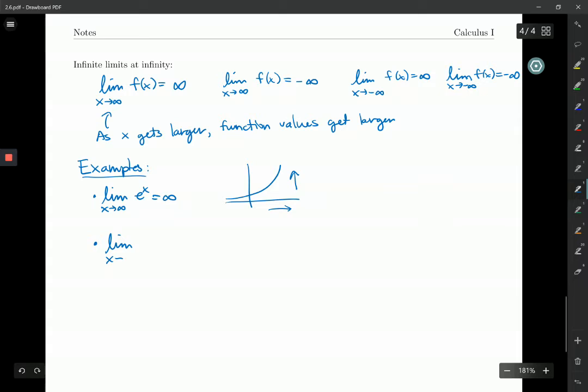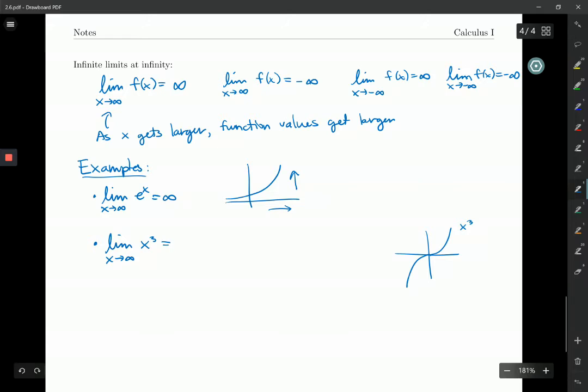And then we get a similar thing if we look at the cubic function. In this case, I'm going to leave some room. So our graph looks like this. This is x cubed. We can see that the same thing happens: as x gets large, as we move out towards infinity, the function gets large.